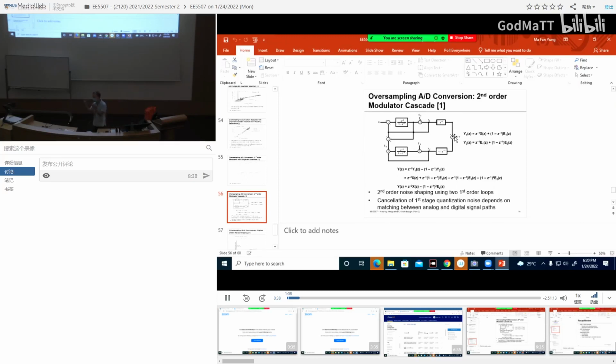So there's a problem of some slight mismatch between the analog and digital. Okay, so that's the limitation of this kind of cascade circuit, right? But people like it because we know that the first order loop is stable, right? Whereas if we use second, third order single loop, it can become unstable.